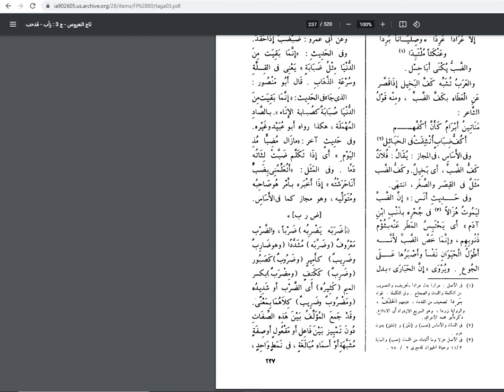So here we have an example of an entry: ضربه يضربه ضربا والضرب معروف وضربه مشددا وهو ضارب وضريب كأمير وضروب كصبور وضرب ككتف ومضرب بكسر الميم كثيره أي الضرب أو شديده ومضروب وضريب كلاهما بمعنى. مضروب and ضريب have the same meaning.